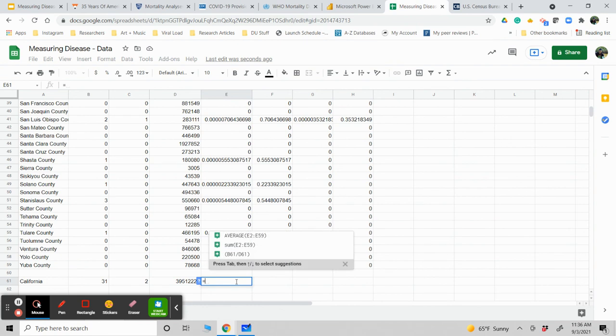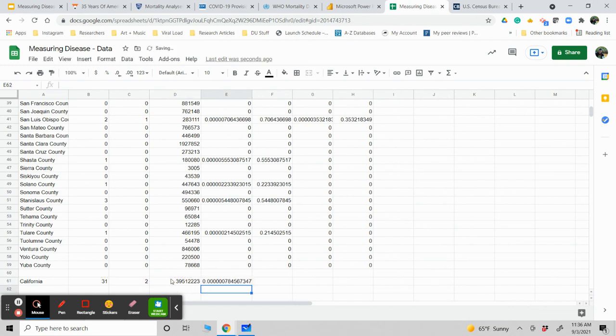So equals, let's do 31 total cases divided by total population of California. So there's our incidence rate for West Nile virus for the state. Let's turn this into a more friendly number. So we want to do this number per 100,000. There we go. Pretty low overall.